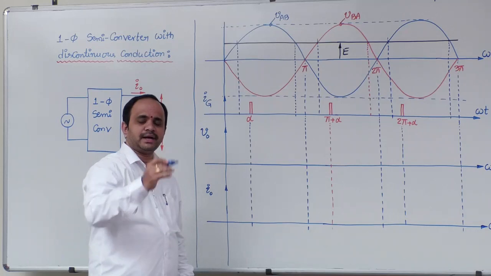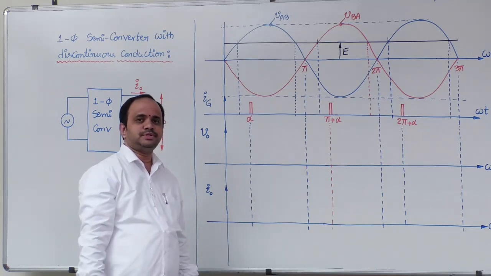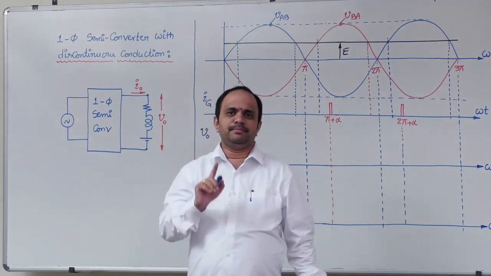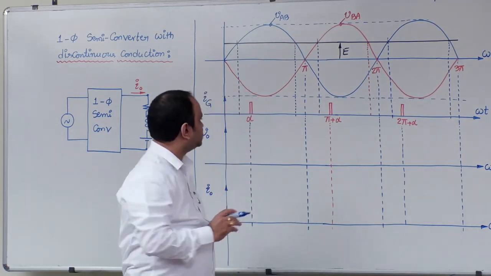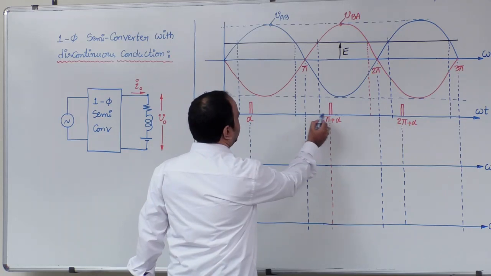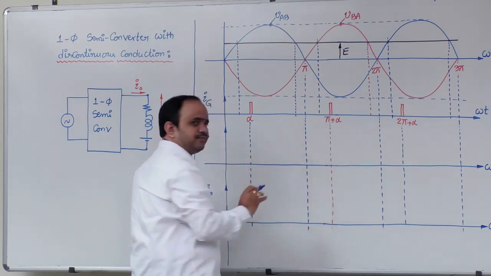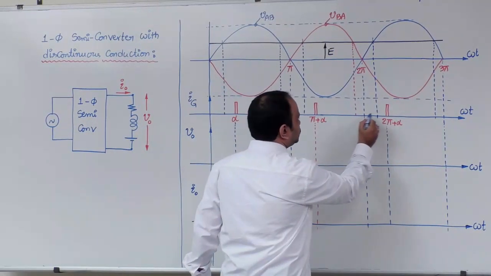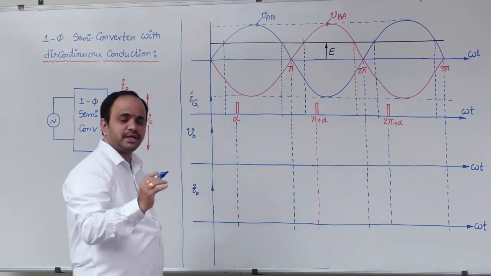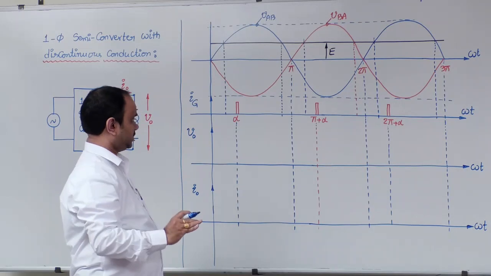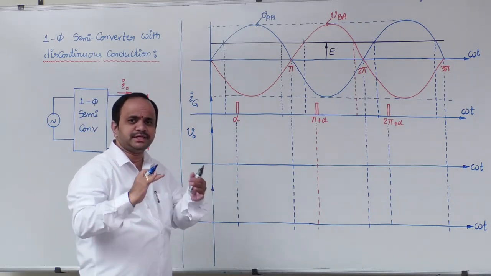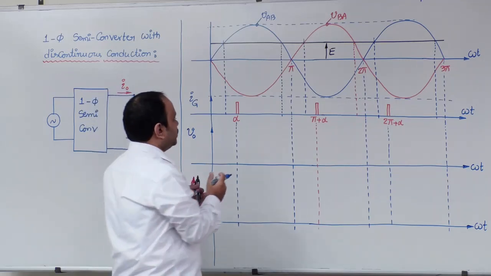Now, if you refer back your waveforms, you can notice that in all the three configurations, pi to pi plus alpha, so here pi to pi plus alpha, there was a freewheeling action. In the similar way, 2 pi to 2 pi plus alpha also there was a freewheeling action. But in case of discontinuous interval, what is that modification?